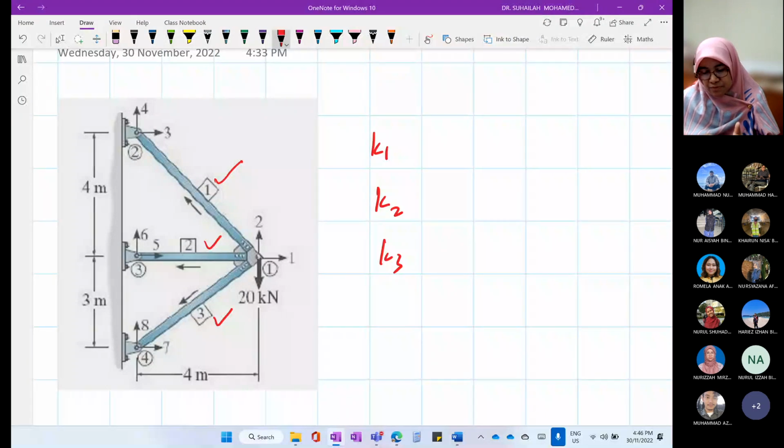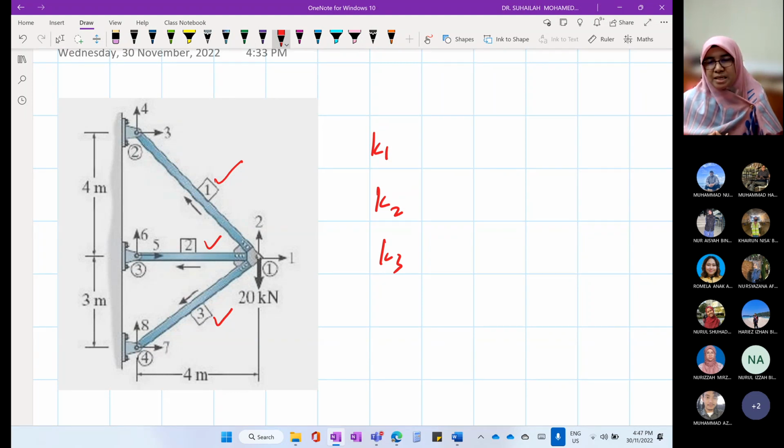From this diagram, we can see that there are 3 elements. In stiffness method, we will normally call a member an element, not member AB, member BC conventionally. We use numbering to represent elements. We will use numbering to represent nodes as well. Nodes are joint A, joint B, joint C, and we change them to node number 1, node number 2, node number 3, and so on. Why do we need to do that?